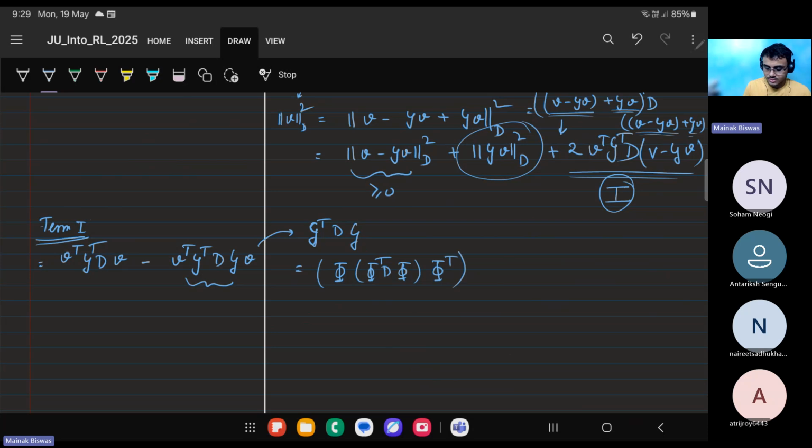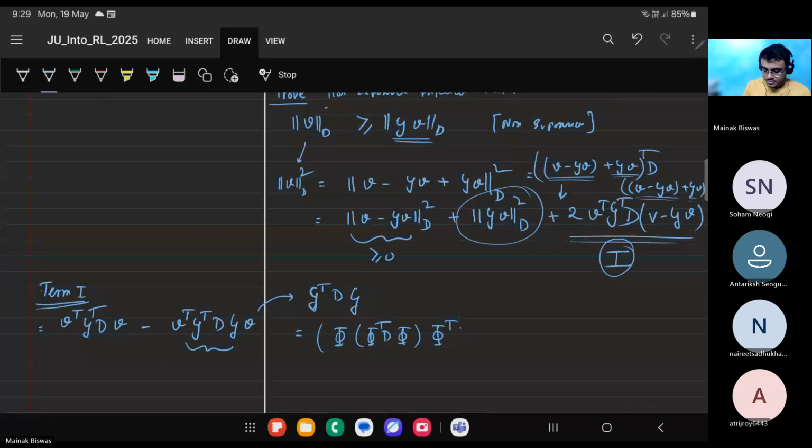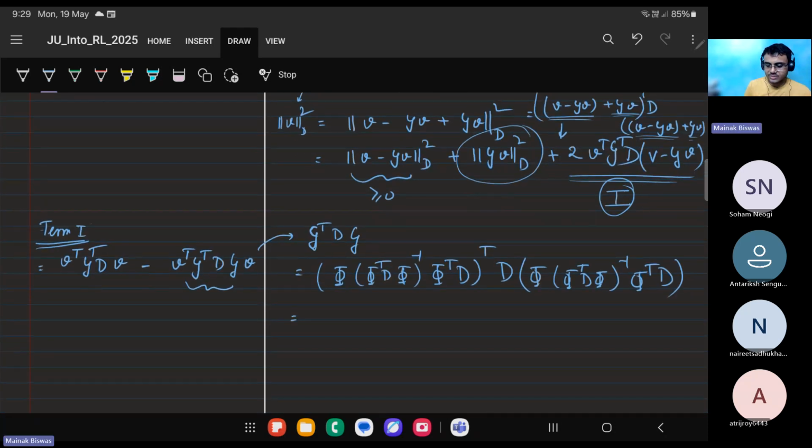Phi transpose D, transpose D phi of phi transpose D phi inverse phi transpose D. Okay, with everybody? What can this be written as?